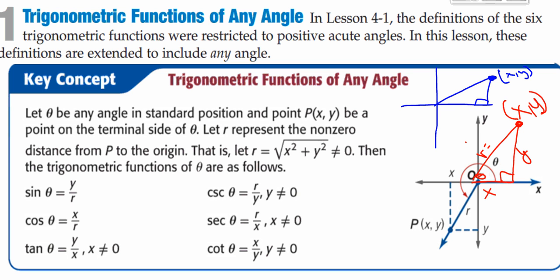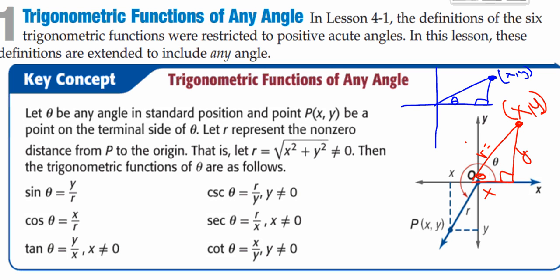So that means in this little right triangle, this is going to be our angle theta. Theta is always made with the positive x-axis and then rotates counterclockwise if it is a positive angle. We'll be talking today about variations of that, so you want to be paying close attention as we go.